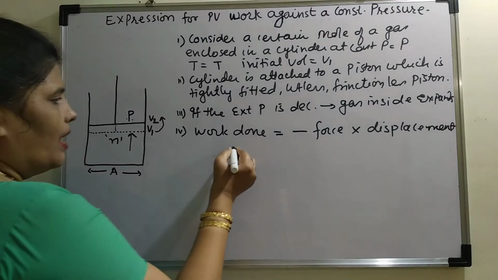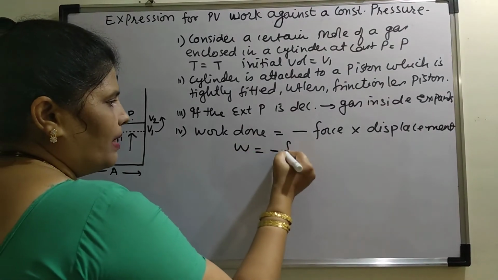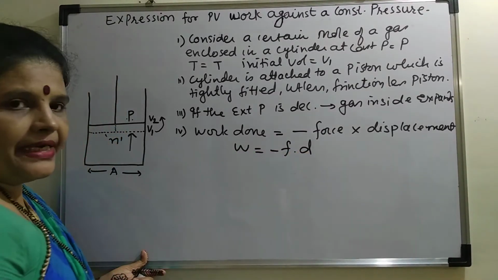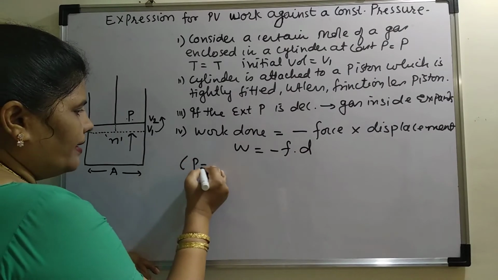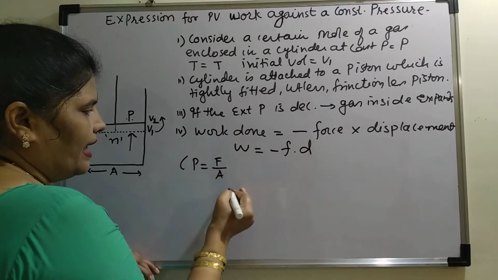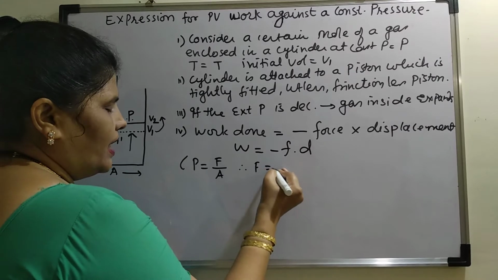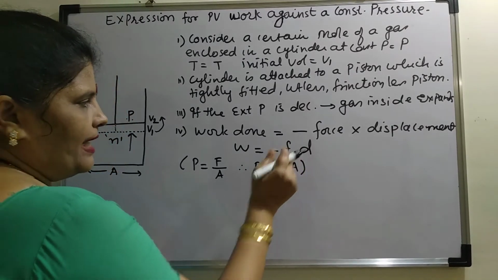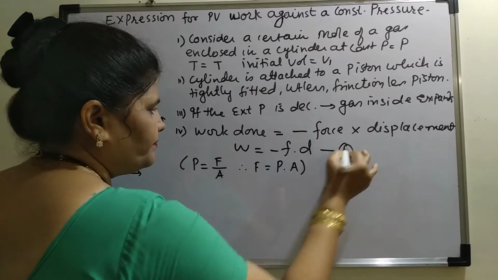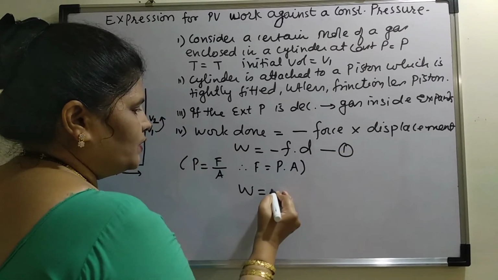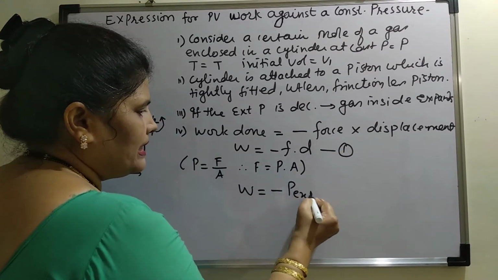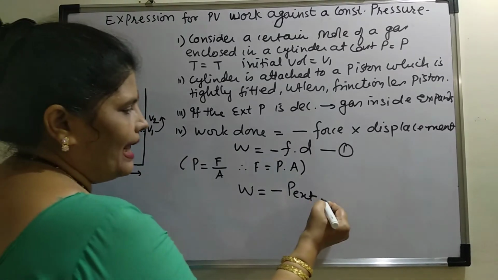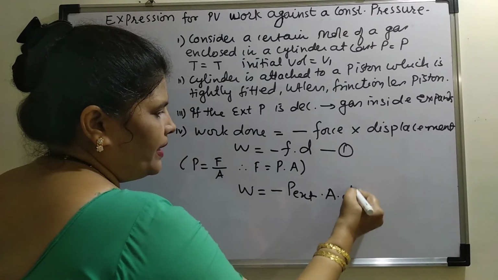W is equal to minus force into displacement. As you know, pressure is force per unit area, therefore force is equal to pressure into area. Substituting, W is equal to minus P external, which is acting onto the gas, into A into D.